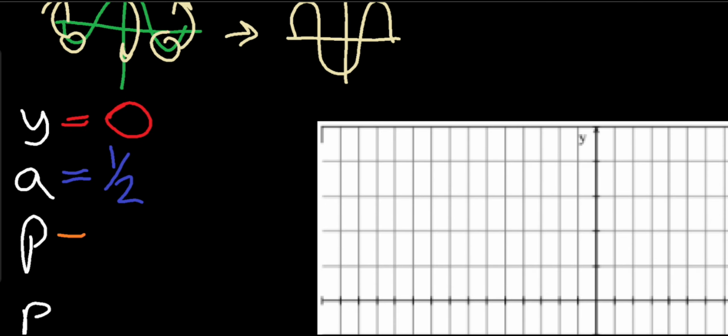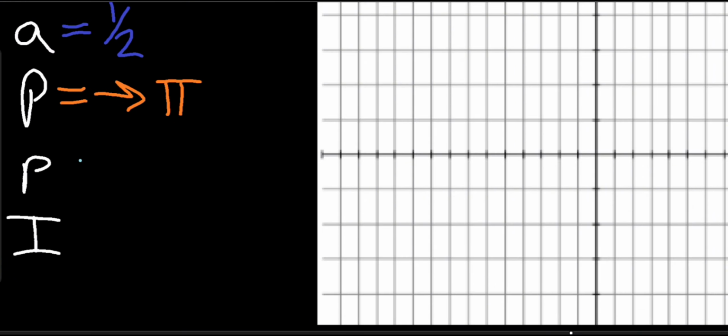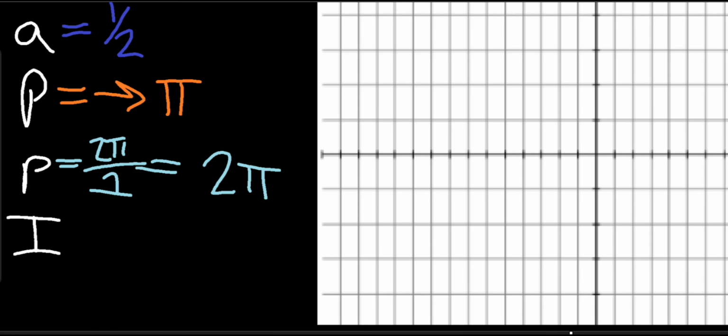C is pi, and we have a negative sign, so we're going right. Our period is 2 pi over b, and over here b is just going to be 1. So our period is 2 pi over 1, which is just 2 pi. And then our increment is going to be 2 pi over 4, so pi over 2.